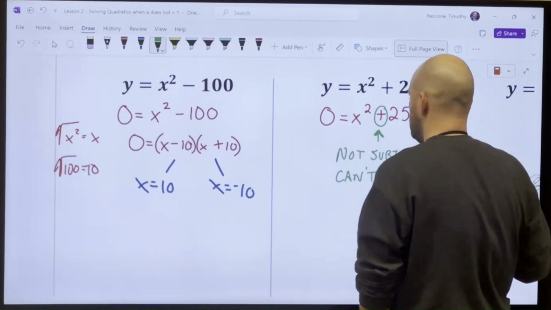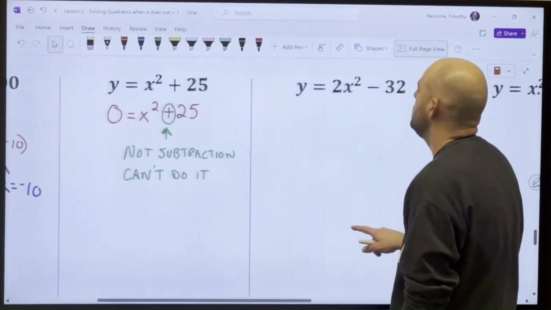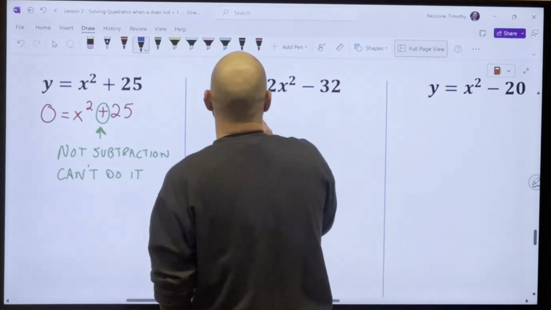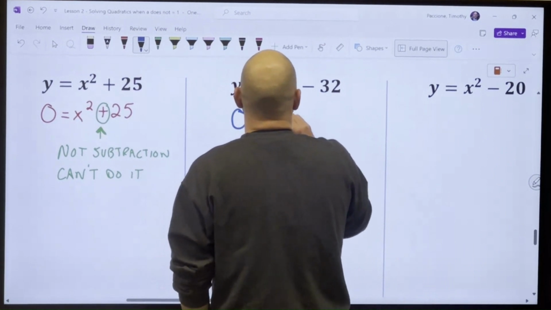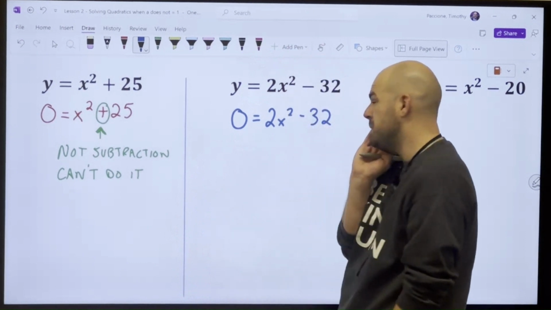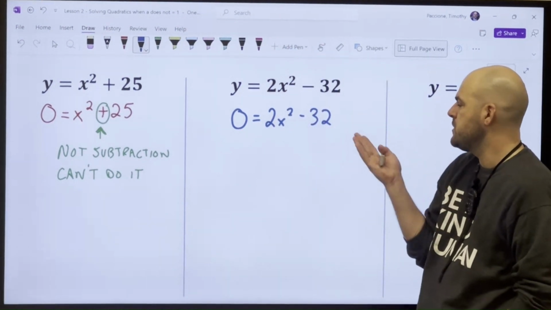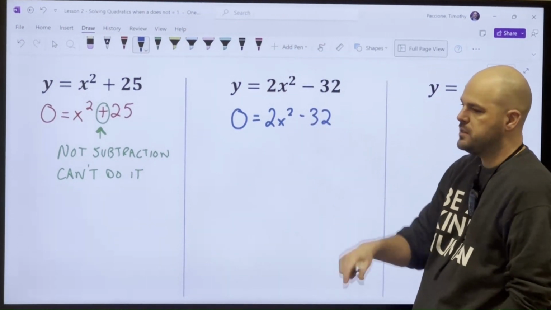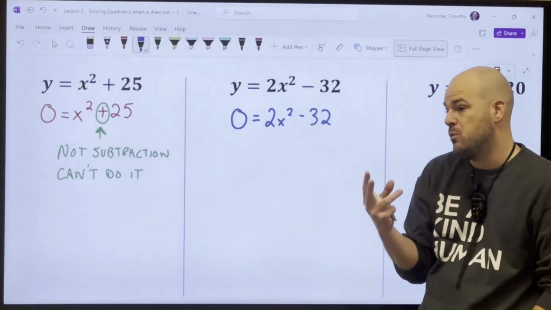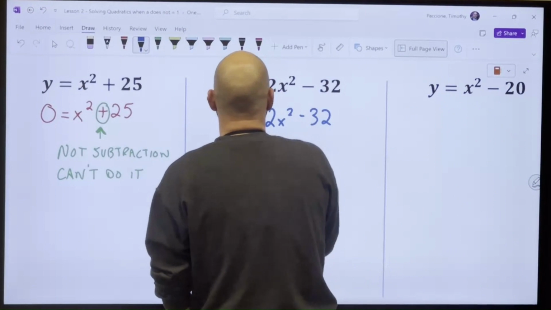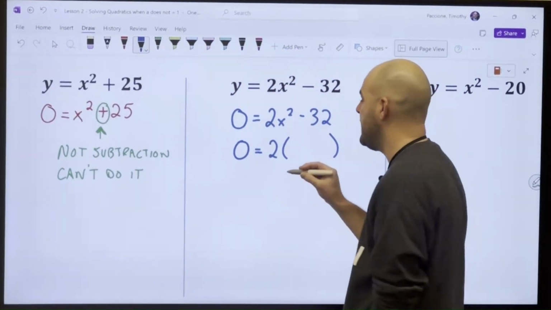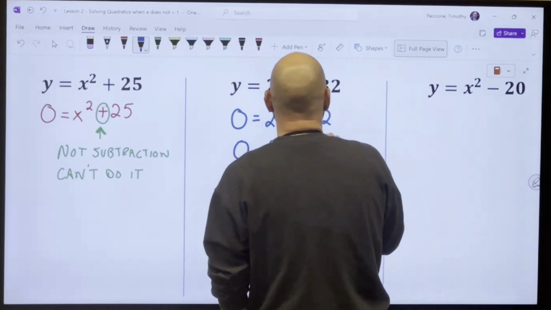Ready for the next one? All right, next one. 2x squared minus 32. We would set this equal to 0. And we would be like, okay, 32 is not a perfect square. 2x squared is not a perfect square. Yes, but they're both divisible by 2, so maybe we GCF this. And I go 0 equals 2, and then I divide them both by 2. I get x squared minus 16.